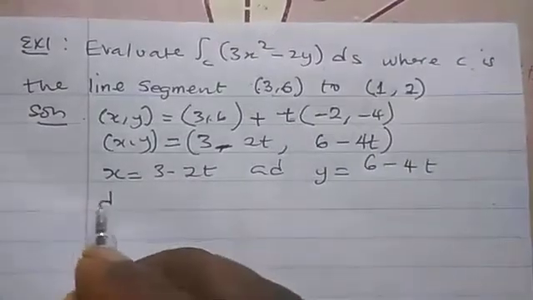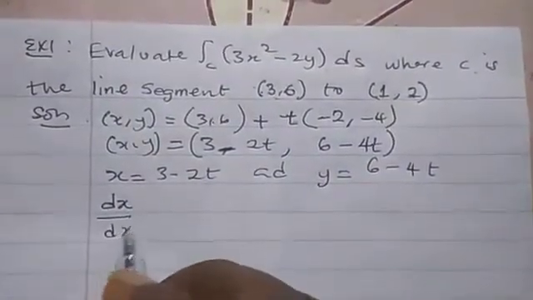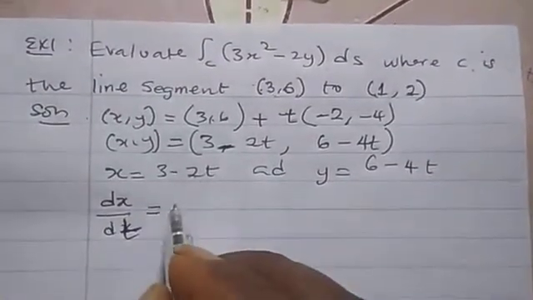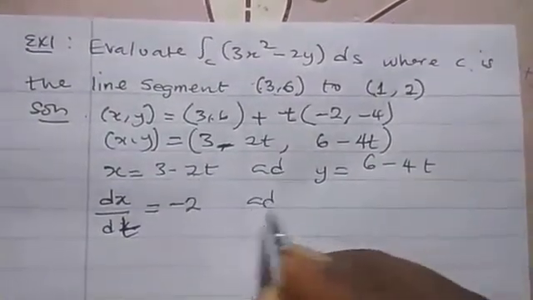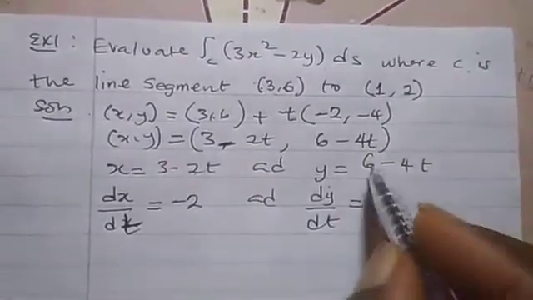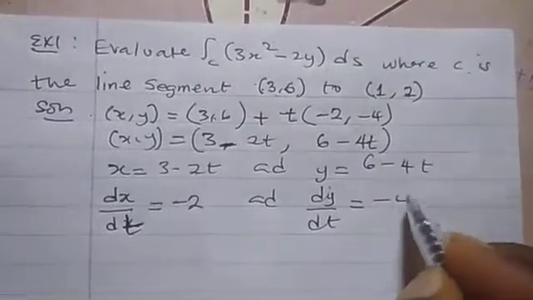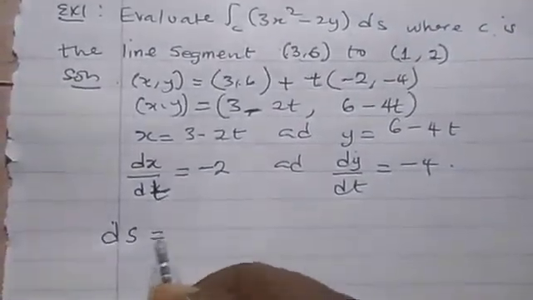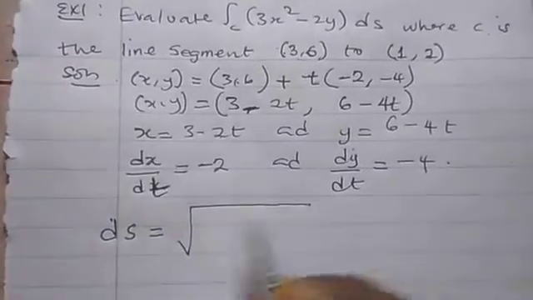So the next thing is we need to differentiate dx dt. If I differentiate this, I'm going to have minus 2, and we need to differentiate this to dy dt. If I differentiate this, I will have minus 4. So we can now use our formula ds dt.